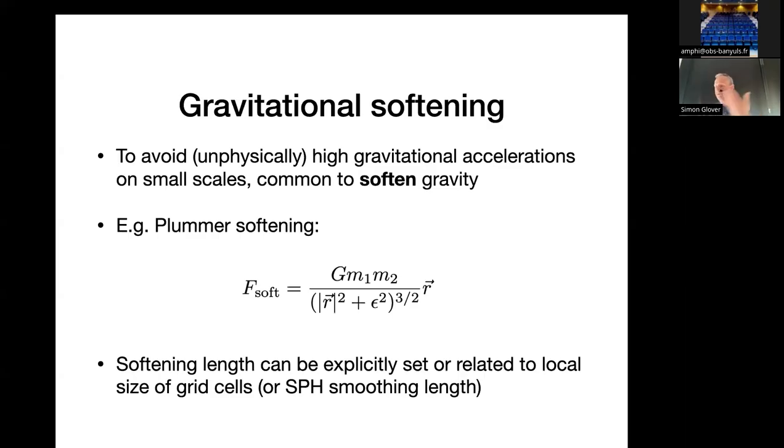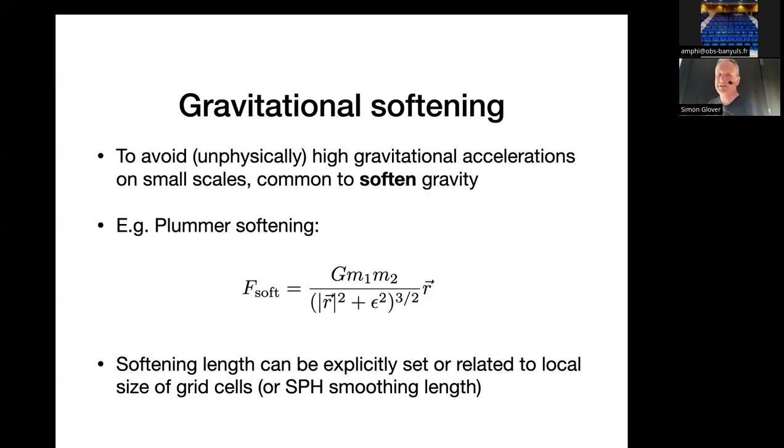If you get very high accelerations, then you get very high velocities, and so your code goes very slowly. And second, on small scales, we don't expect the mass distribution to be properly modeled anyway. Once we're down close to the resolution scale of our simulation, there's a limit to how much accuracy makes sense. If we don't actually know to within better than the size of a grid cell where the mass is, then assuming that we know it exactly is actually wrong.